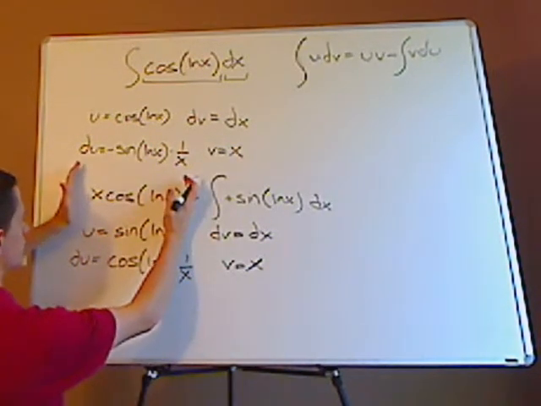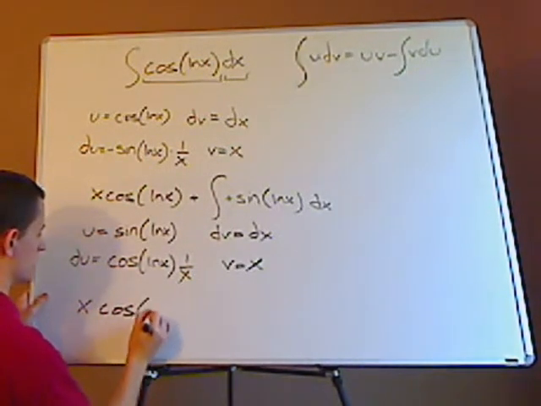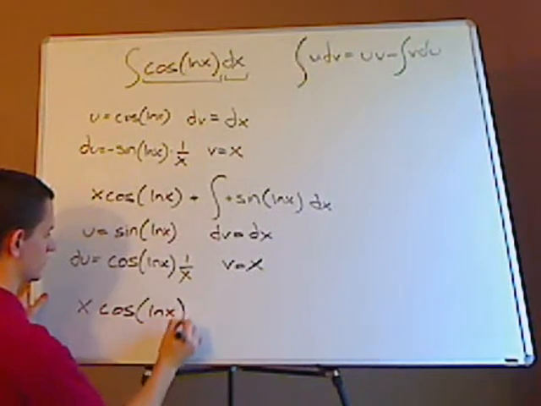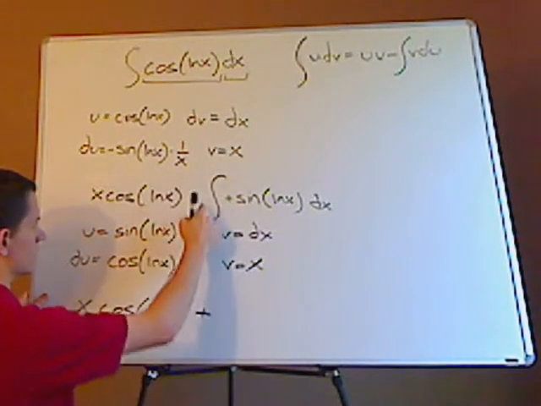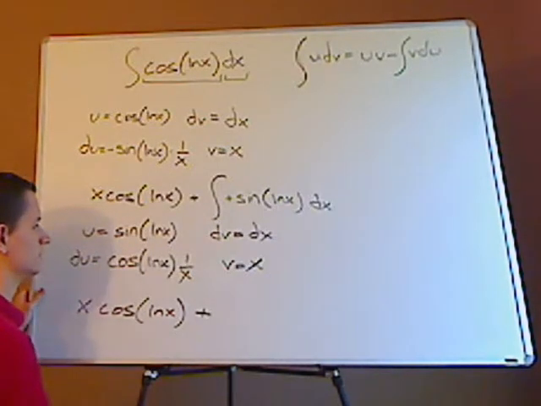So you have this, which you had from the beginning, x cosine natural log of x. Now this is a plus sign, which is cool because then you don't have to worry about the negative sign.